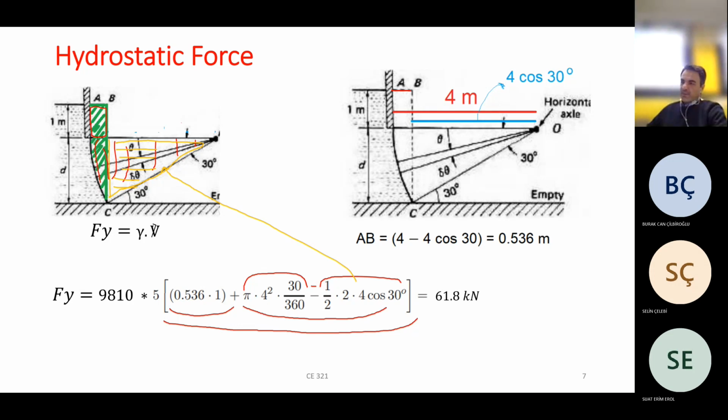And now, in total brackets, I have the area of yellow, or green area, or imaginary water. And it would be my Fy equals 61 kilonewton.